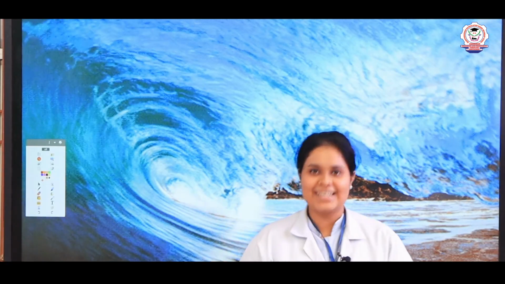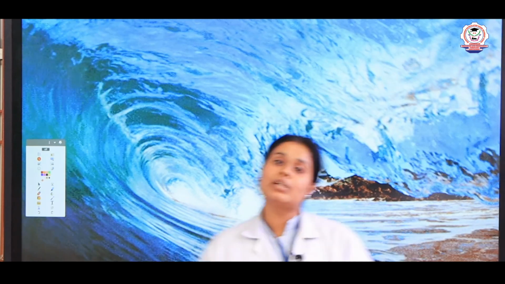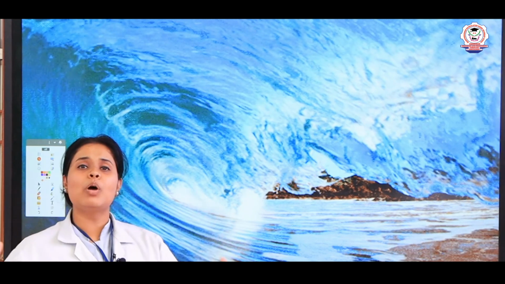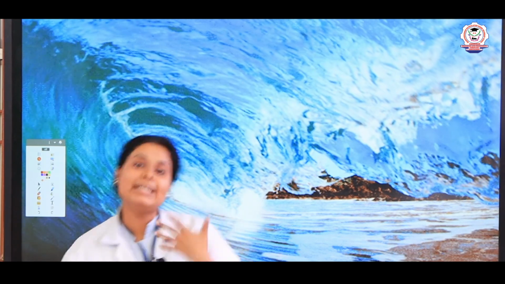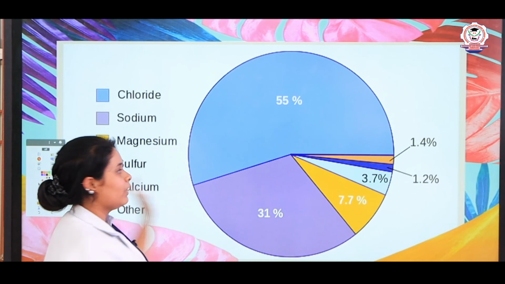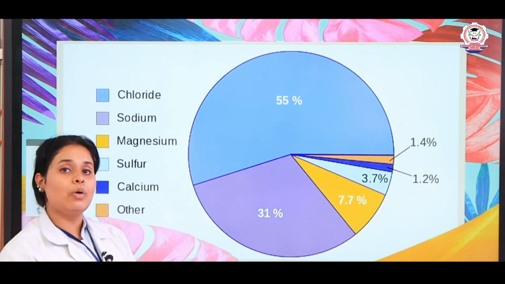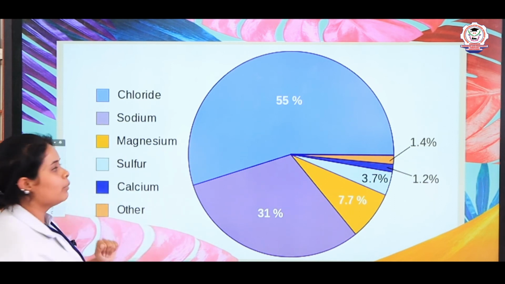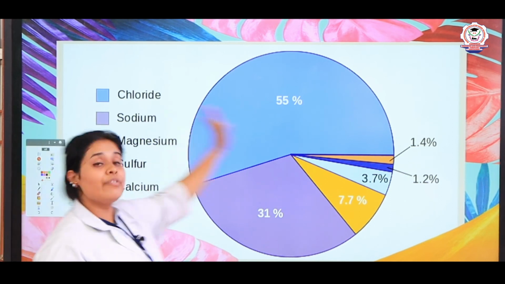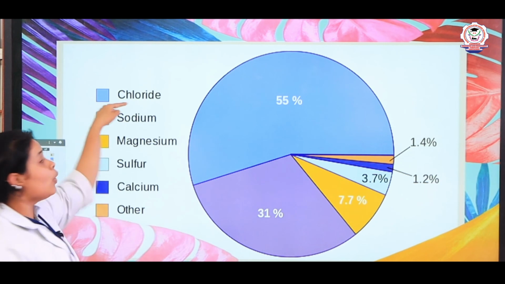So now let's finally see here. What's here? I told you, you love this. Yes, it's the sea. So children, in sea water, you will see that there will be a lot of salt because you cannot intake that salt, right? So same way, this graph shows you how much percentage of a particular amount of salt is present. Here you will see that there will be around 55% of chloride present.